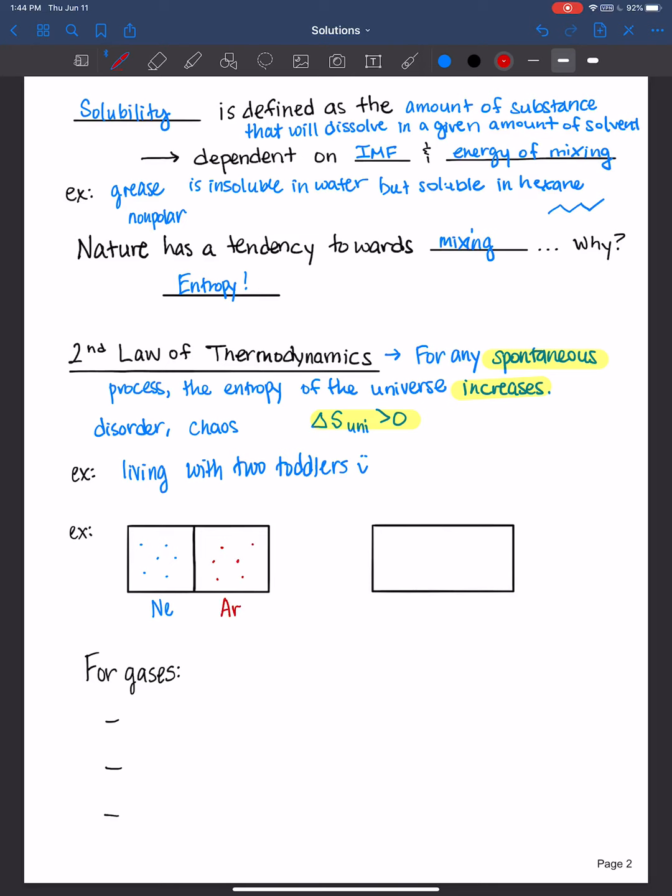Now let's say I remove that board in the center so that we can observe what happens to these gases. And what happens is that they actually mix with one another.